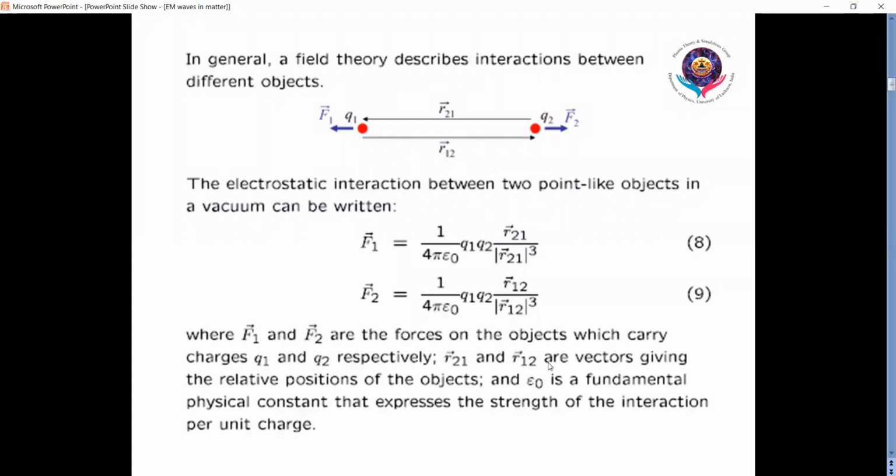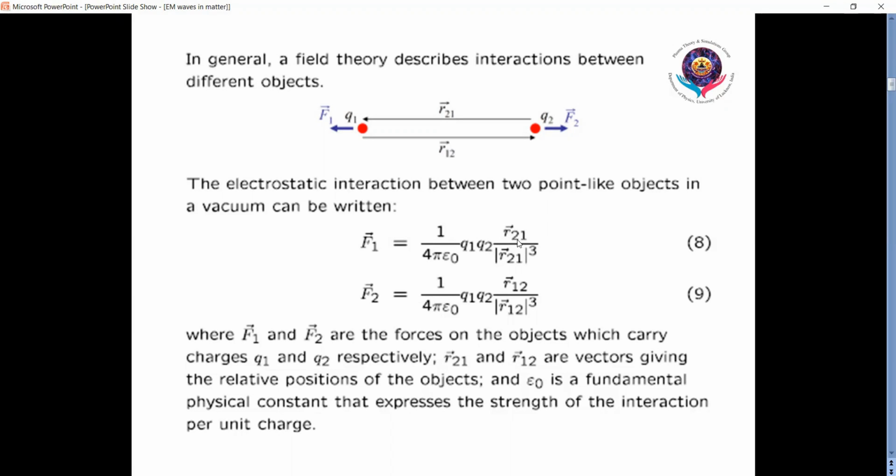So in general, we have already studied Coulomb's law. A field theory describes the interaction between two different objects. And according to Coulomb's law, these two charged objects exert a force on each other. F1 is the force on the first charge due to the second charge.